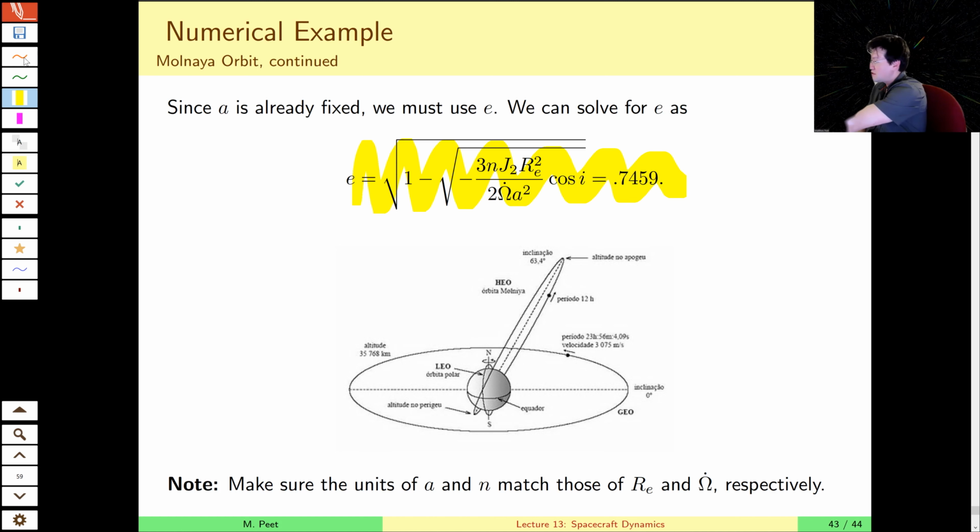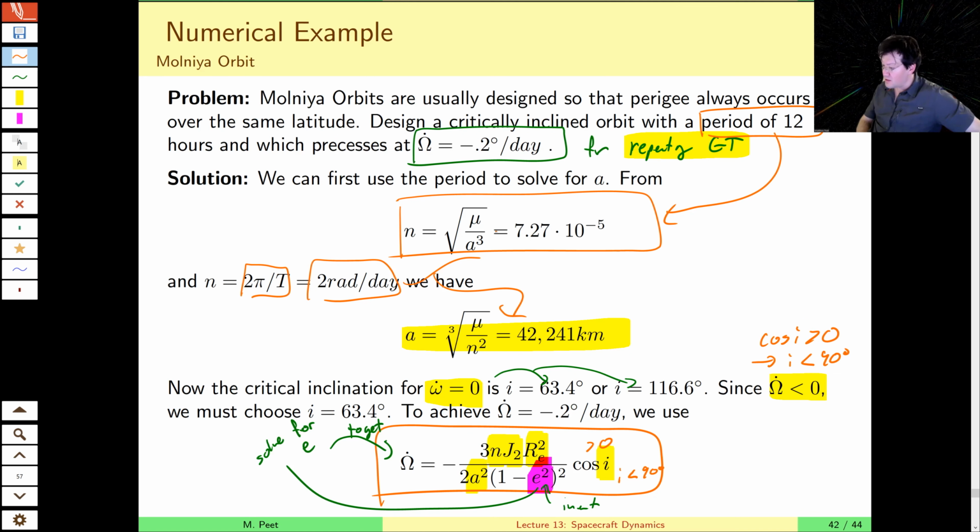We have all this information. We've got A, we've got N, we've got I, we've got omega dot, and so we just plug in all those numbers. Don't forget, remember this is negative 0.2. No, sorry, not that. We got to convert this to radians.